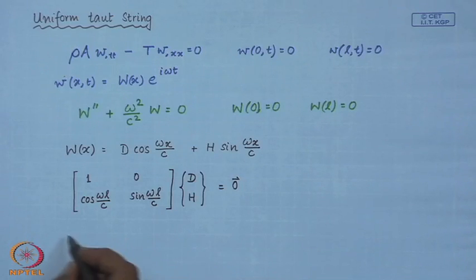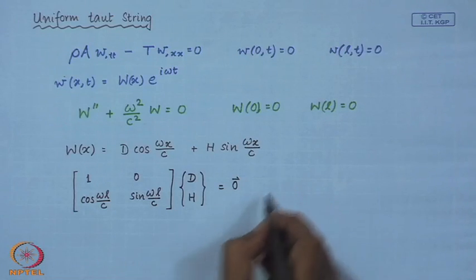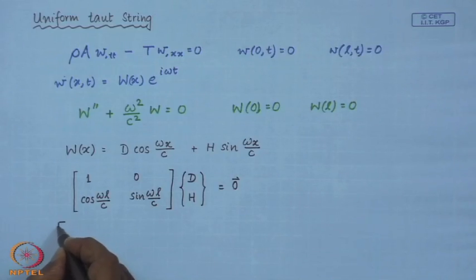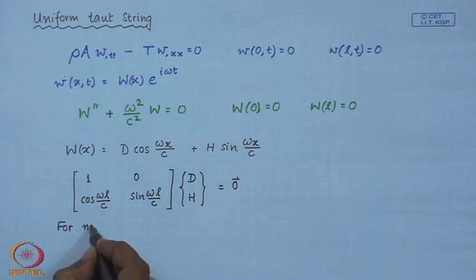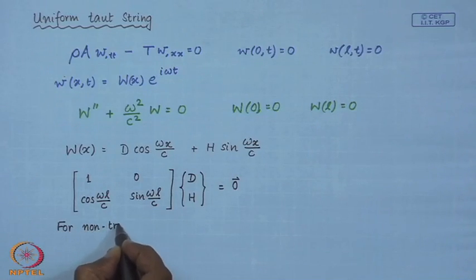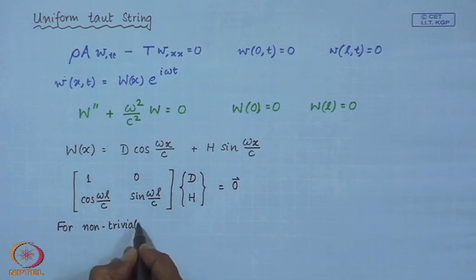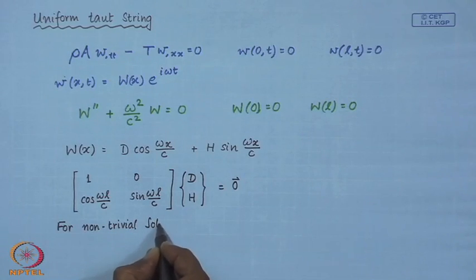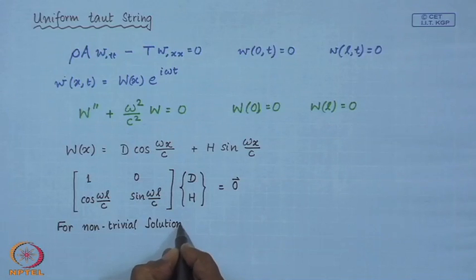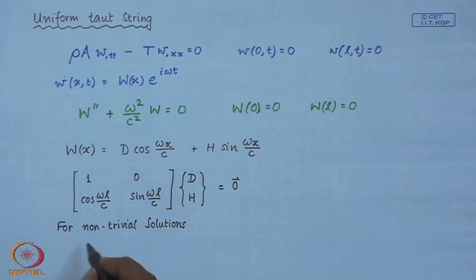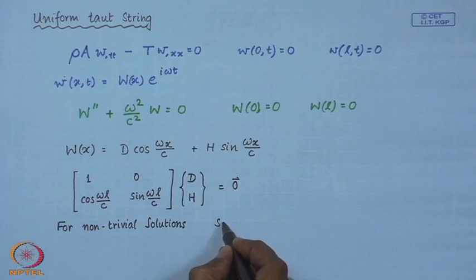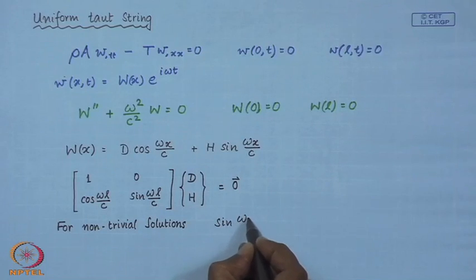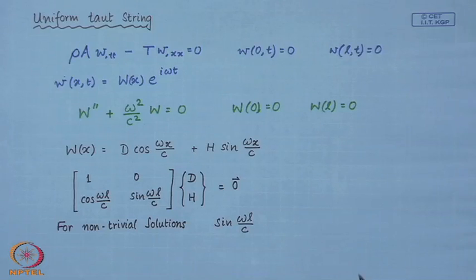So, that implies the determinant of this is nothing but sine omega L over C, and that must be 0.